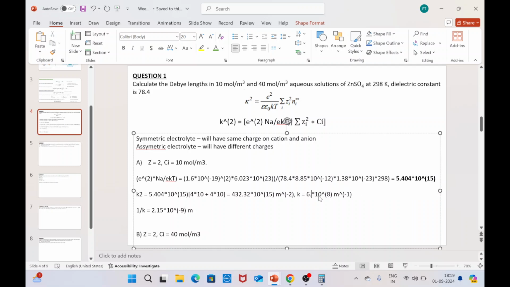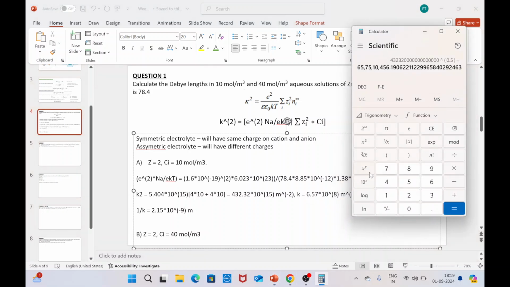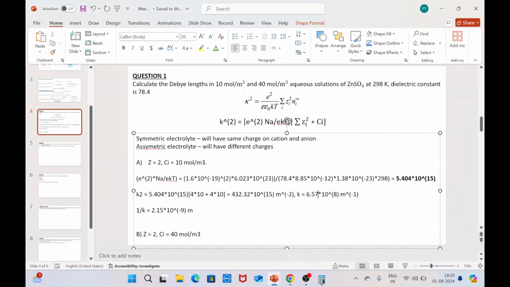So I will put it as 6.57 into 10 to the power 8. Now this is your kappa. Now you need to take 1 by k of that, so again that times minus 1. So the answer is 1.52 times 10 to the power minus 9.